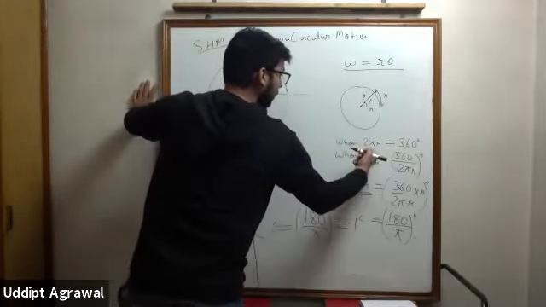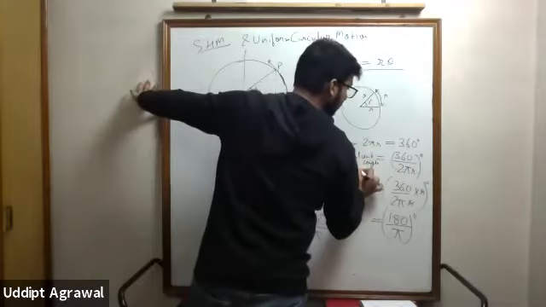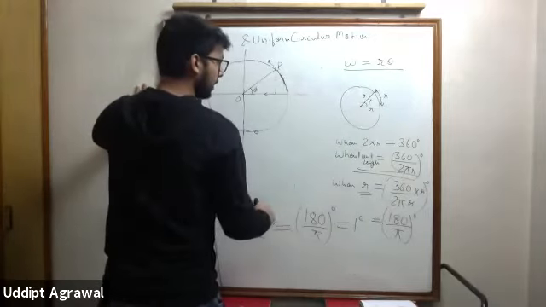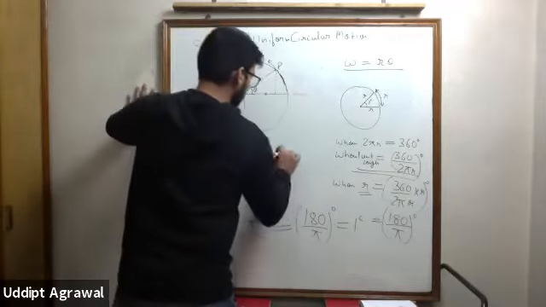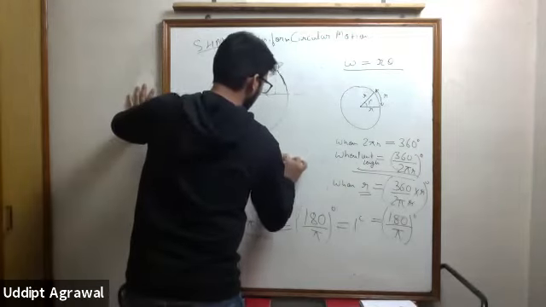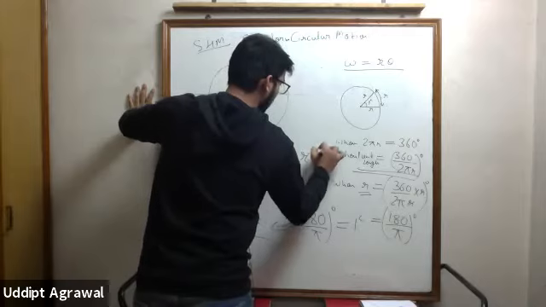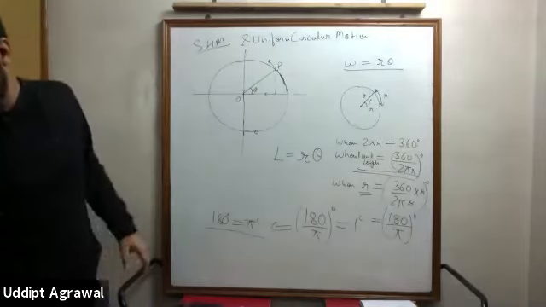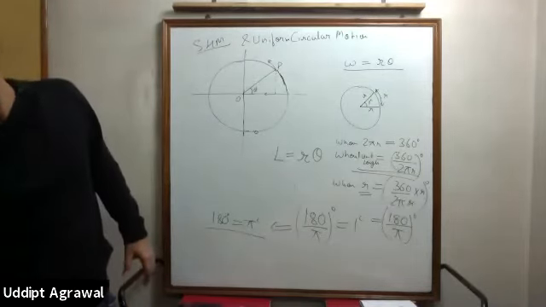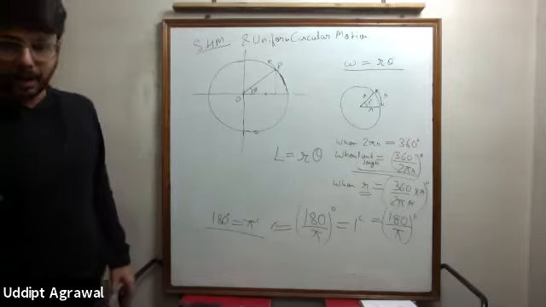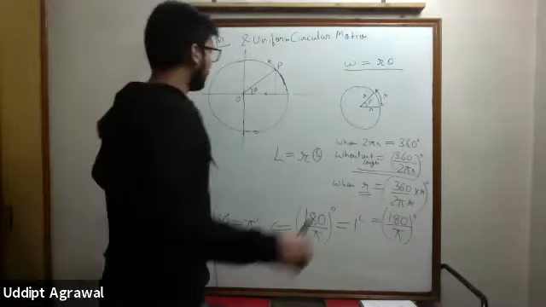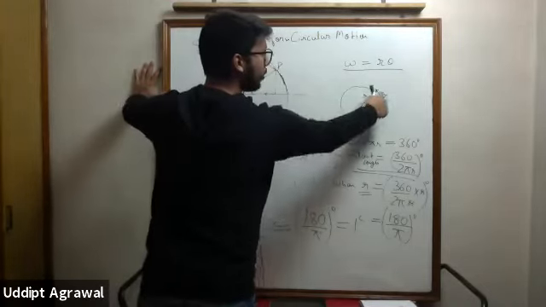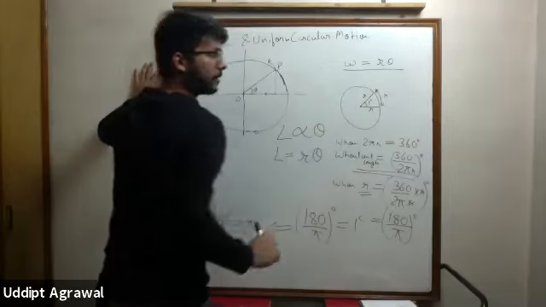So, 1 unit length will be equal to r into theta. Can this be understood by you? Because length is directly proportional to theta. This is how we are defining it, and this is theta in radians, right?